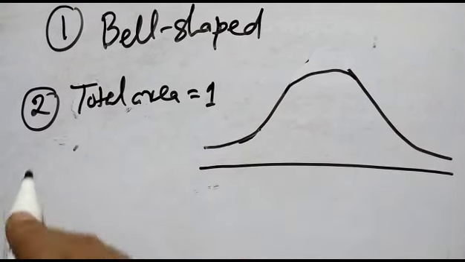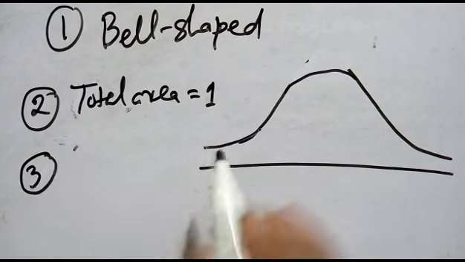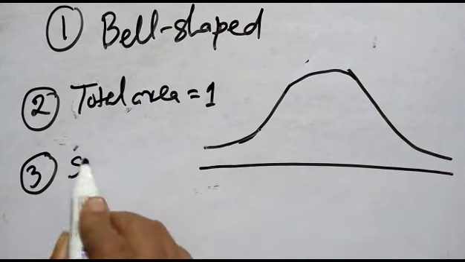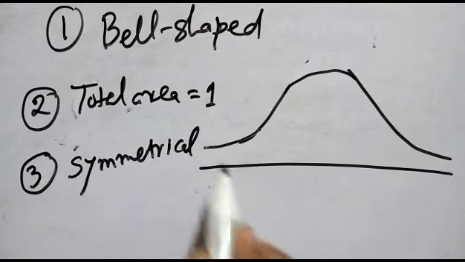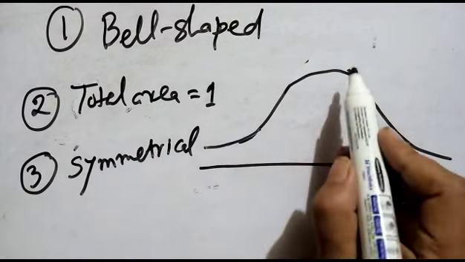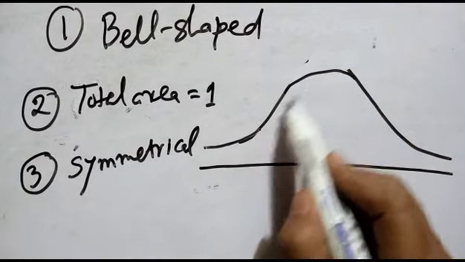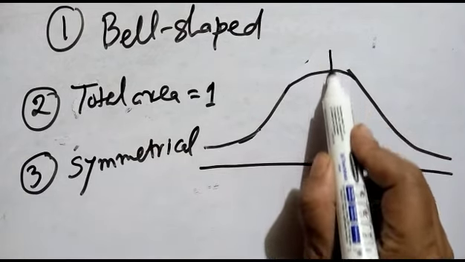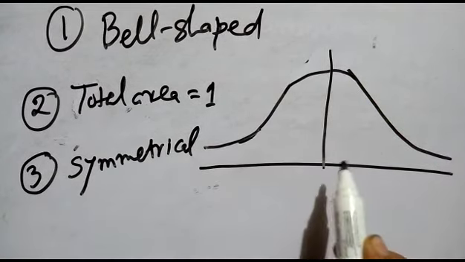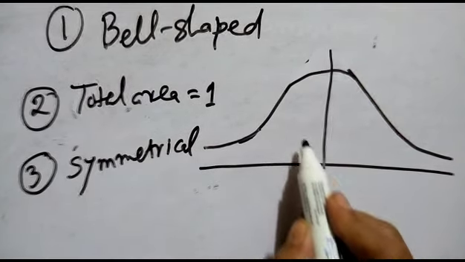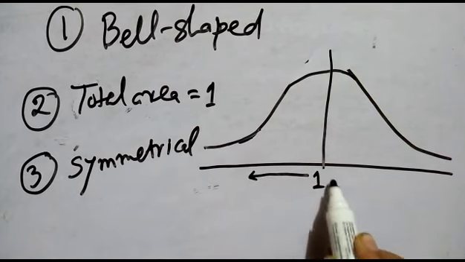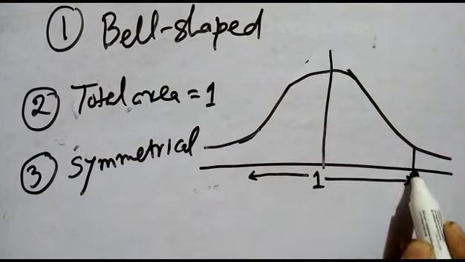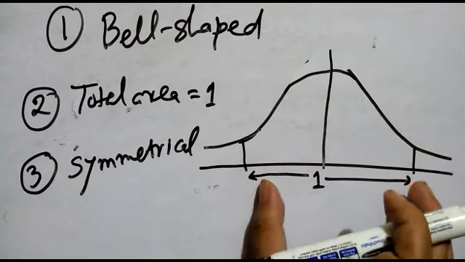And number 3, that is its geometrical presentation, which is symmetrical. If I split the bell-shaped curve into two parts, then we can write the total area of this is 1, we consider.